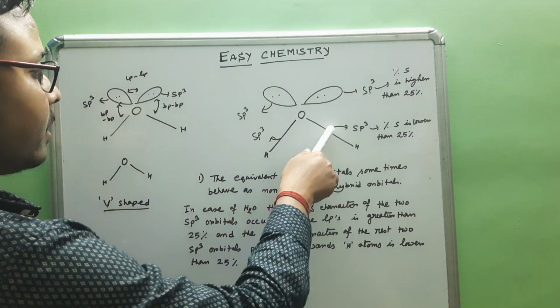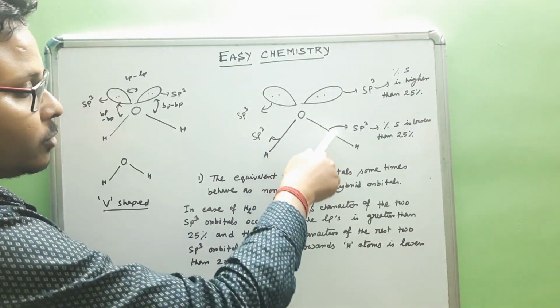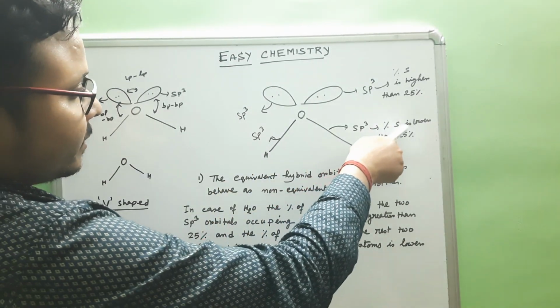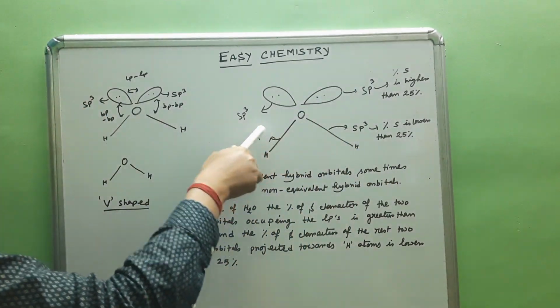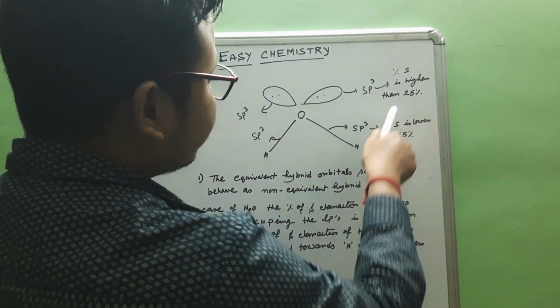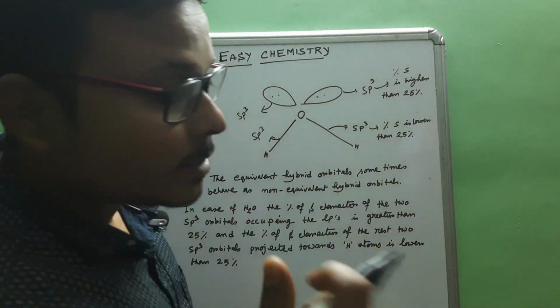So these two sp3 orbitals of oxygen, which are projected towards hydrogen atoms, have S character lower than 25%, and these two orbitals of sp3 type housing the lone pair of electrons have percentage of S character higher than 25%.